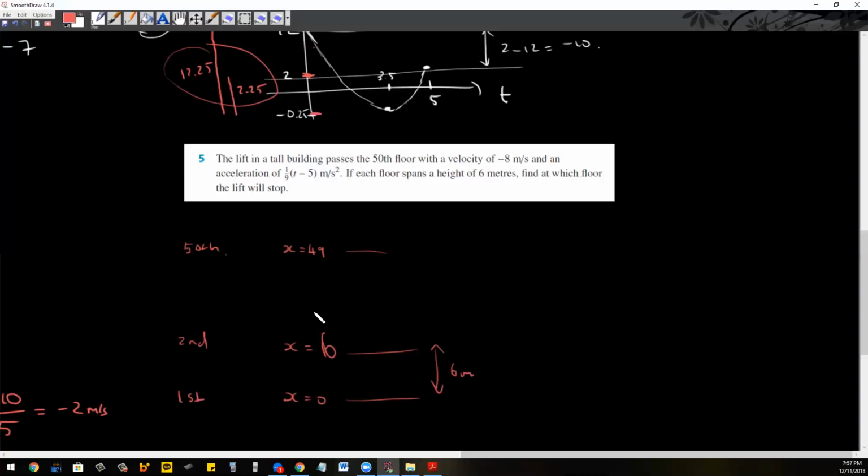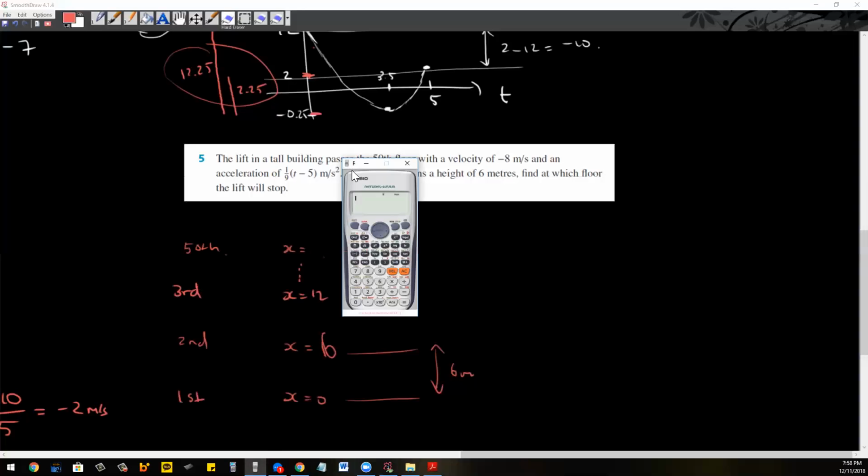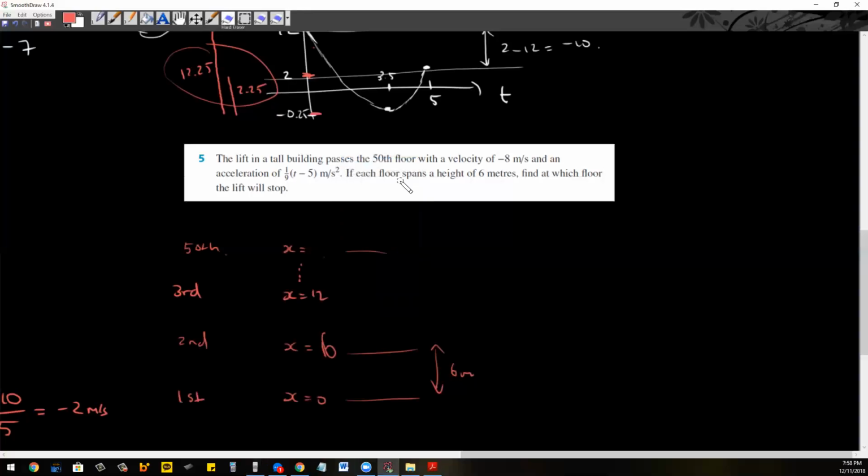So x is equal to 12. That's 12 meters is the start of the third floor. And so 49 times 6, that's equal to, I think, 294. 49 times 6, 294.